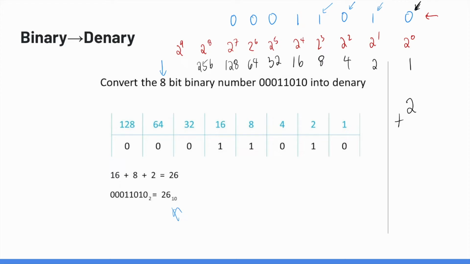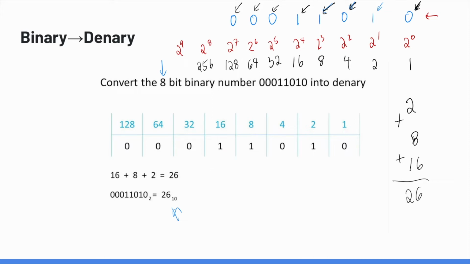Right here we have 0, so we're not going to do anything. Here we have 1, and 2 to the power of 3 is 8, so we're going to add 8. Right here we have 1 as well, which represents 2 to the power of 4, so we're going to add 16. And that's actually it. These are 0, 0, and 0, so these aren't going to be part of the denary value.